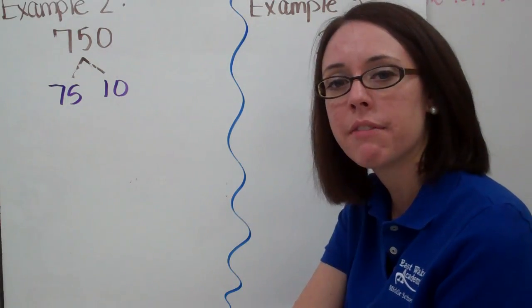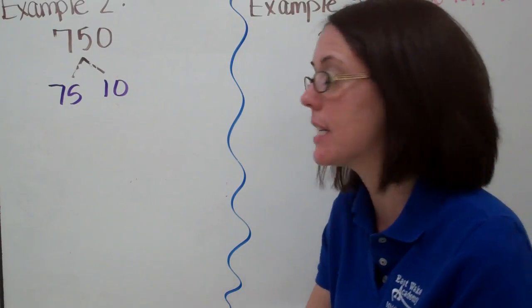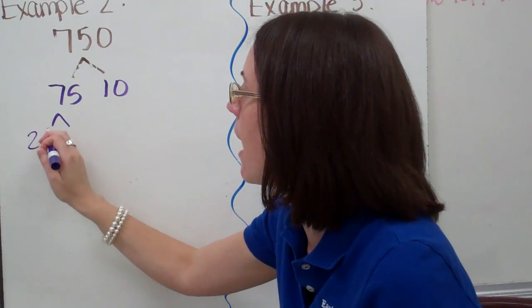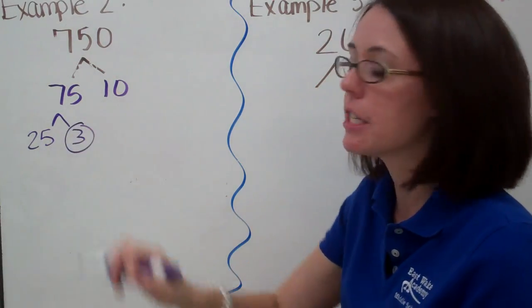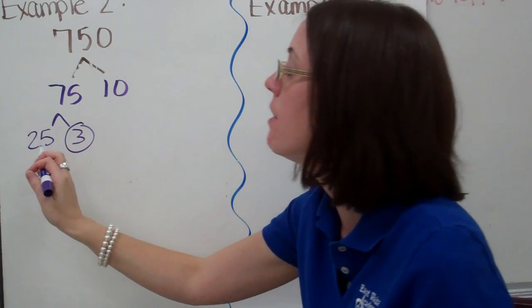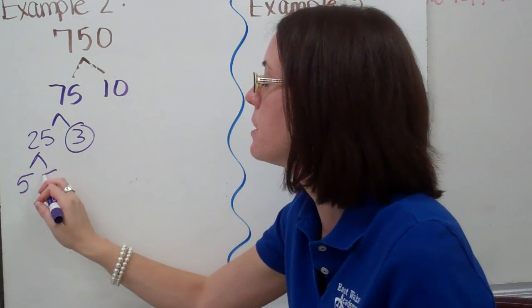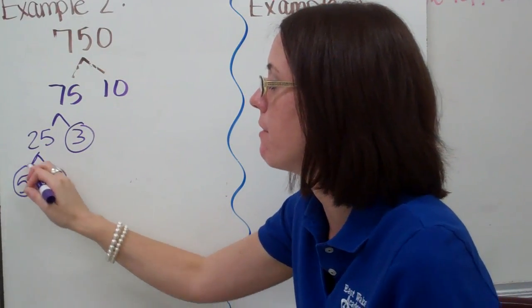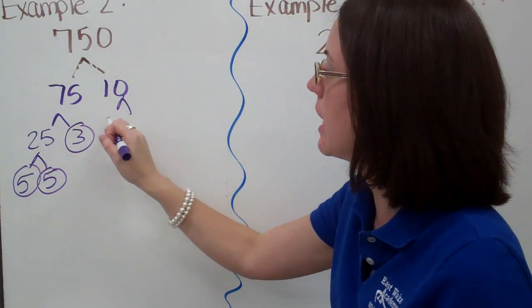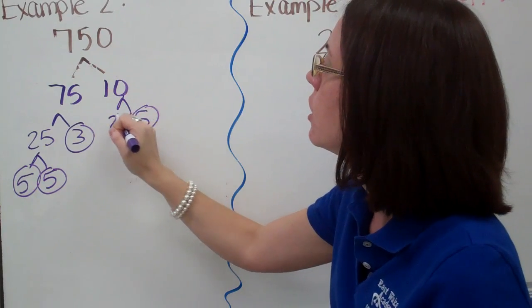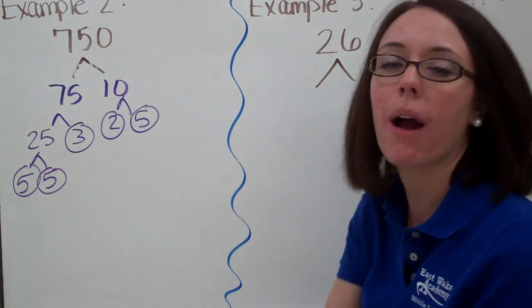How can I break down 75? What can I multiply together to get 75? 25 times 3. Can I stop at 3? Yes, it is prime. Can I stop at 25? No. 5 times 5 gives us 25. I circle those because they are prime. And break down 10 to 2 times 5. Circle them. I have all of my prime numbers circled.